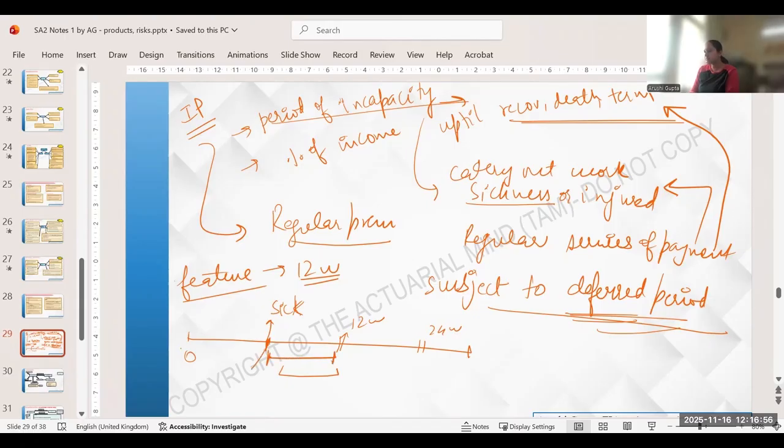So 12 weeks from the point you fell sick, this is the point of sickness. From that, over the 12 weeks, you continue to be sick. If so, then a regular stream of payments will start. Suppose amount is B per annum, monthly, whatever is the frequency. And when these will stop is, as we said, either the person dies or they recover, whichever happens first, or in case the policy term ends.